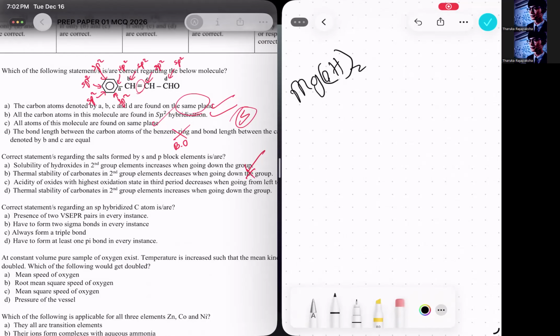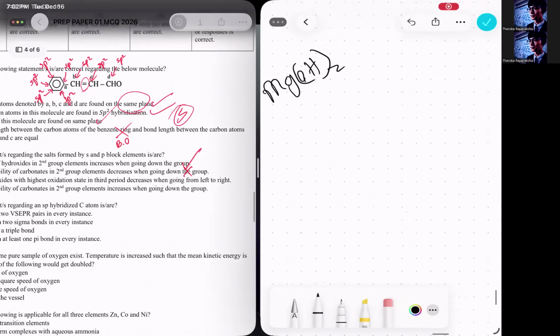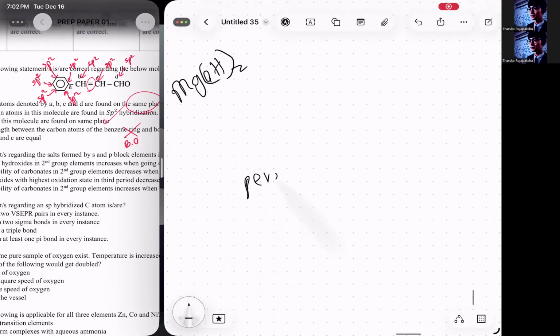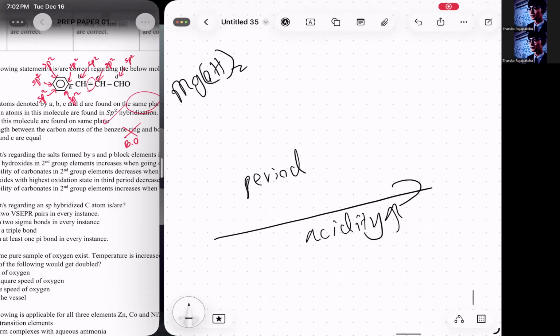Now, acidity will decrease when going from left to right? So, the acidity will increase when going from left to right. In the period, people, when going from left to right, acidity will increase. Why is that? Oxidation number increases. Oxidation number increasing means acidity will increase.